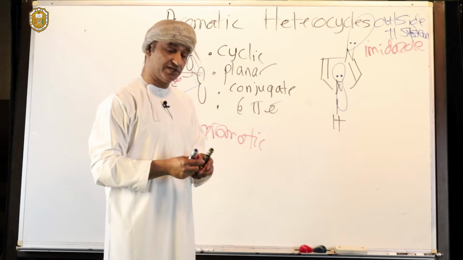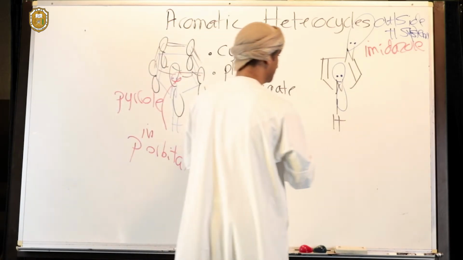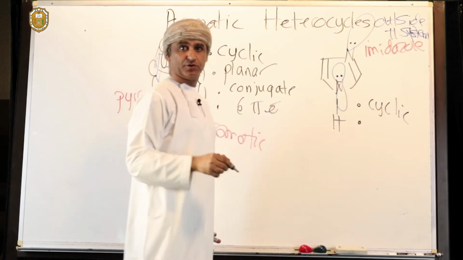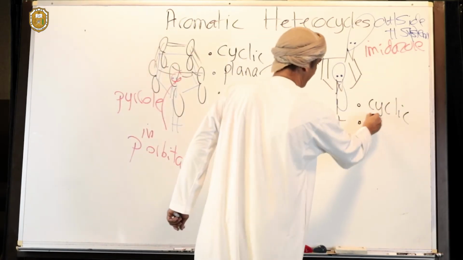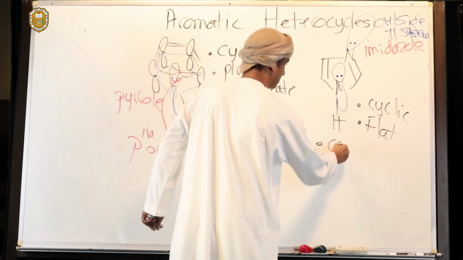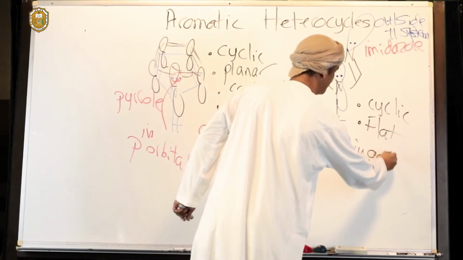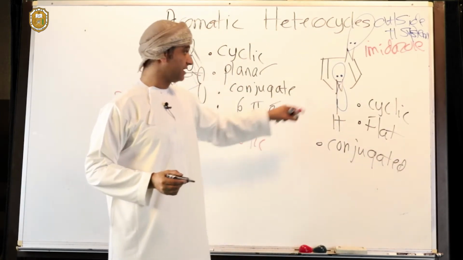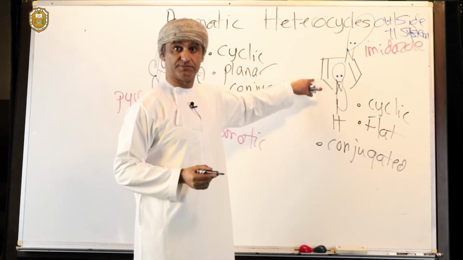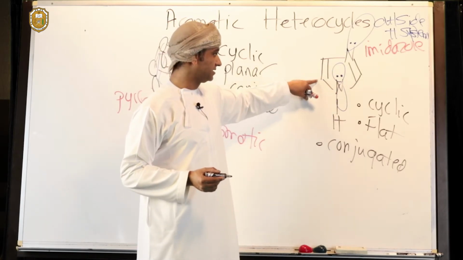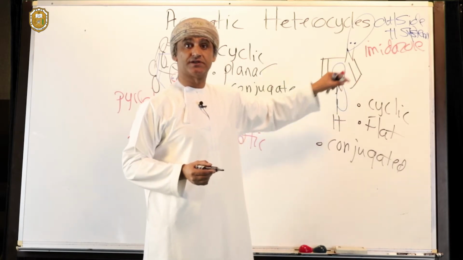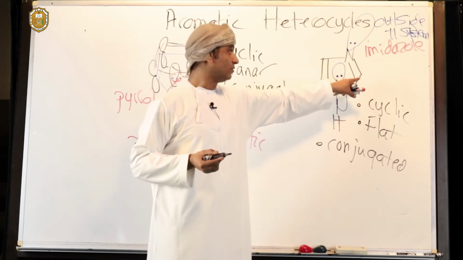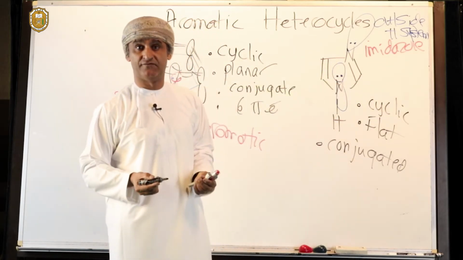So is imidazole cyclic? Of course it is cyclic. Is it flat or planar? Yes, it is flat or planar. Now, is it conjugated? That's a very important question. Since that lone pair is located in a p orbital, there is a p orbital here. There is of course a p orbital on all other atoms, such as these 2 carbons, because they are doubly bonded with nearby atoms. This nitrogen, since it has a double bond with this carbon, must have a p orbital.